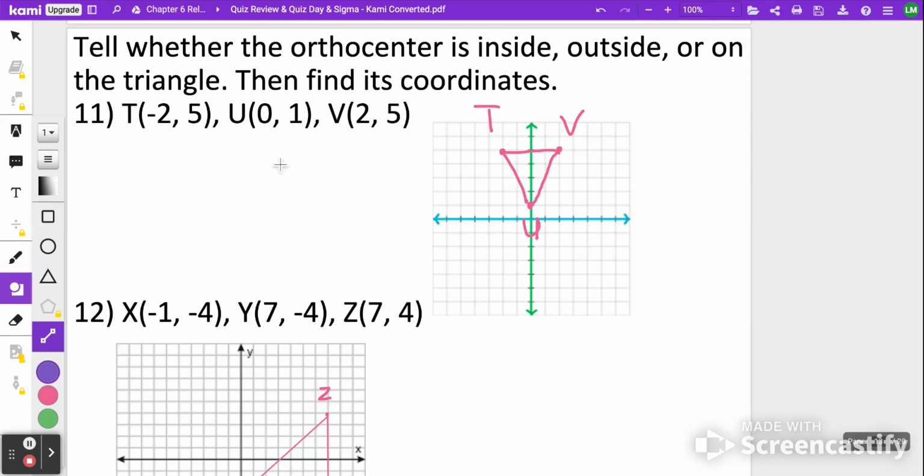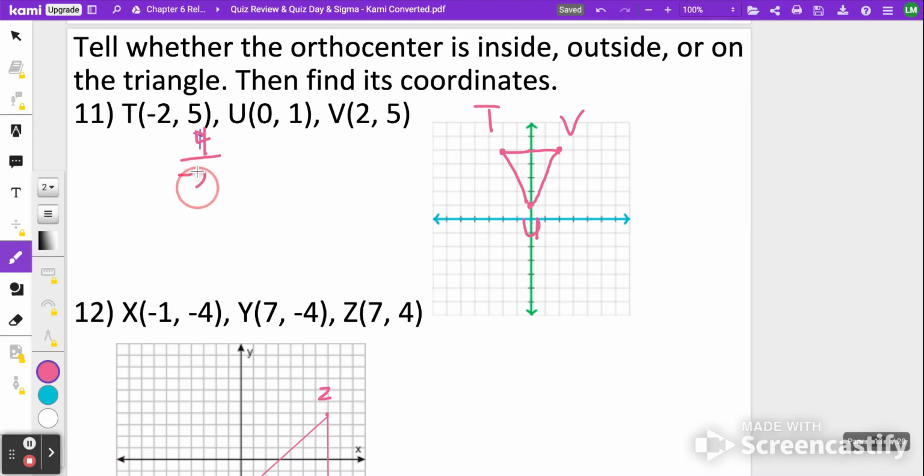So if you were looking for the perpendicular slope of TU, that's your change in Y. So I go 5 minus 1, that's 4, over your change in X. Negative 2 minus 0 is negative 2. So this one's M is negative 2. So that means for TU has to start and go through point V. I'm going to go down or over 2, down 1, over 2, down 1, and it's going further away from there.